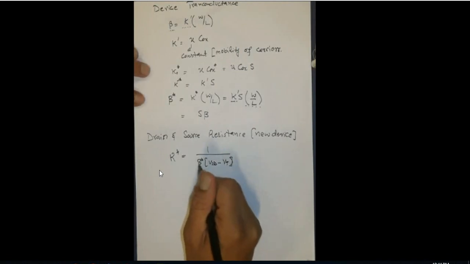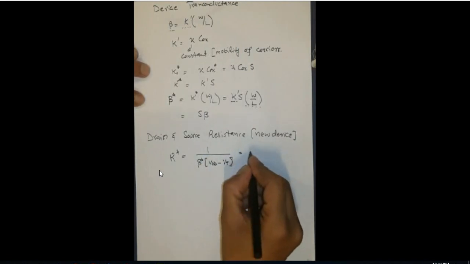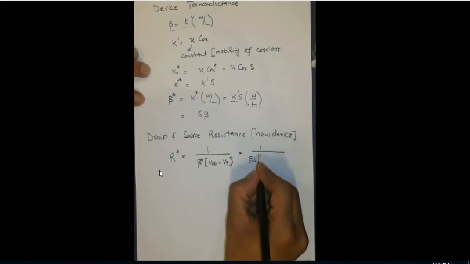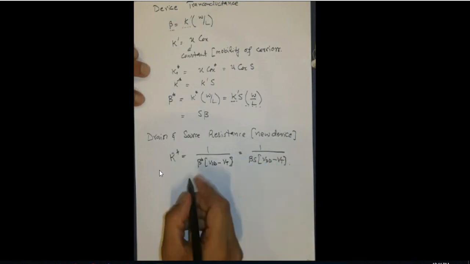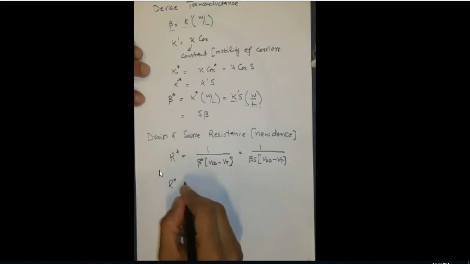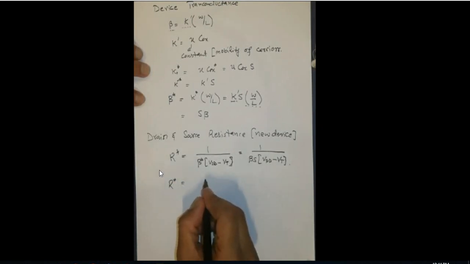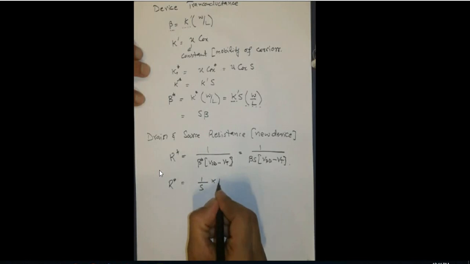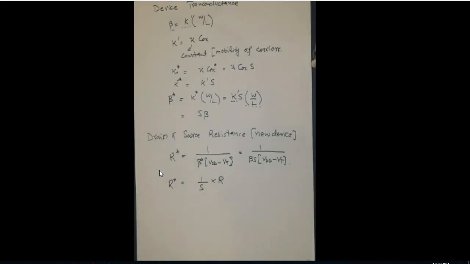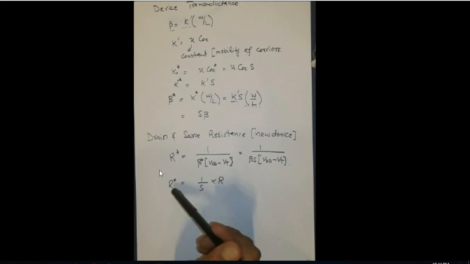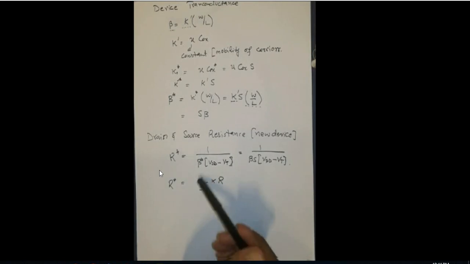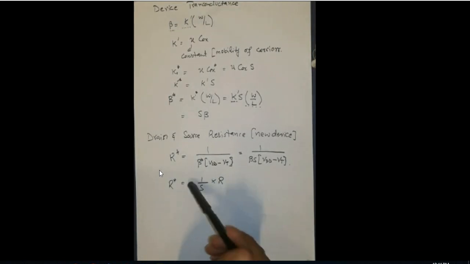We know this value, so we can replace it with 1 over beta S and VDD minus VT, and if we want to write it in terms of R, it will be given by 1 over S into R. So we can say that when we change our device, it will result in an updated resistance, like its resistance will be reduced.